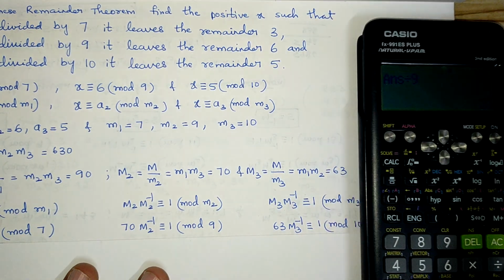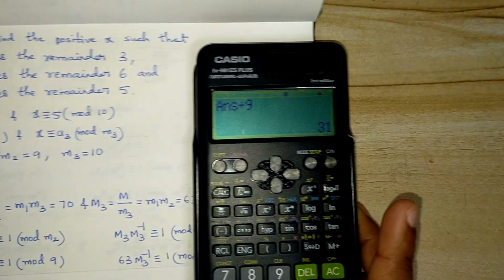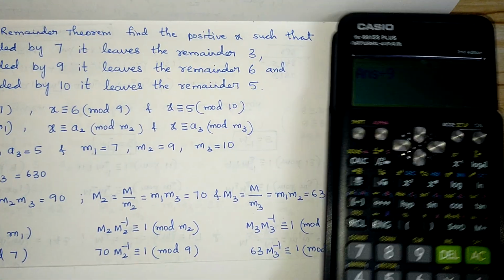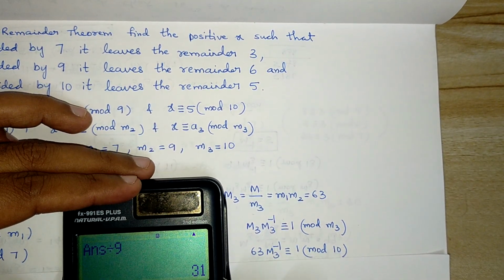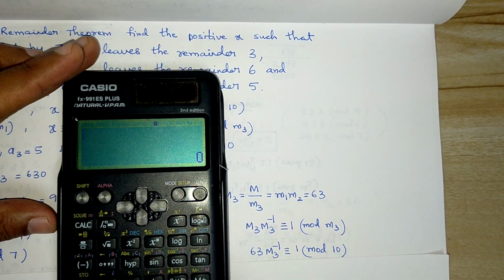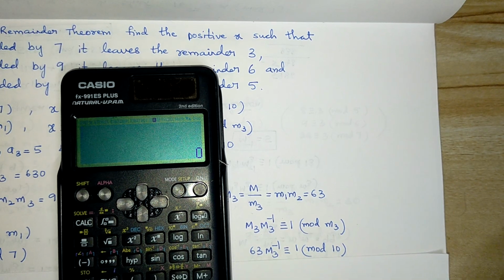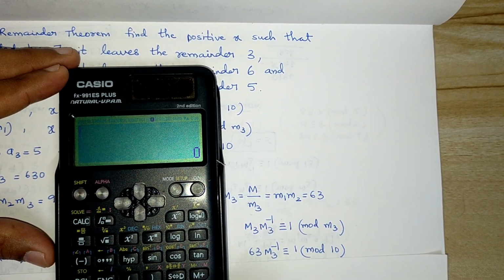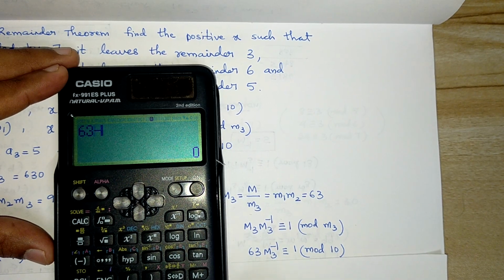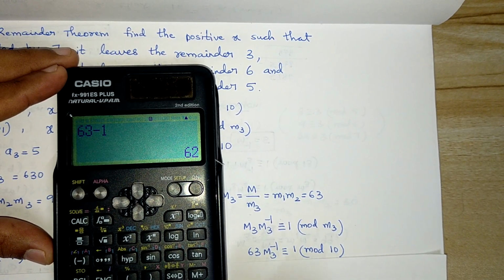In a similar manner, we have to calculate the next one. Here 63 into M3 inverse is congruent to 1 modulo 10, right? Let us substitute M3 inverse equal to 1. 63 into 1 minus 1, is that divisible by 10?